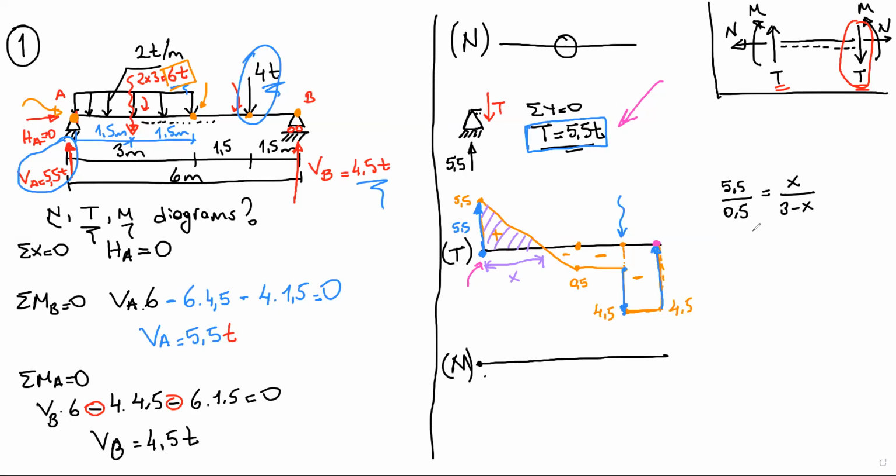This is the equation. If this is x, this part is 3 minus x, because half of the uniform distributed load length is 3 meters. So we have this equation.